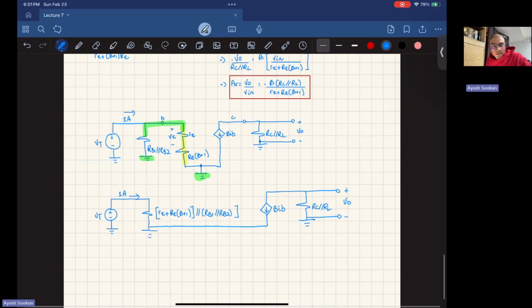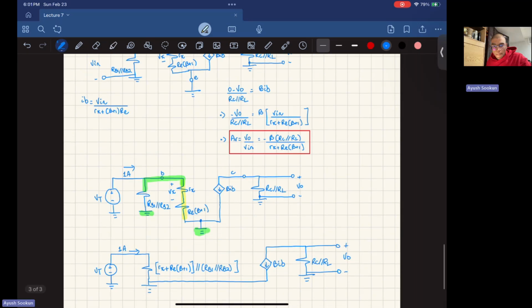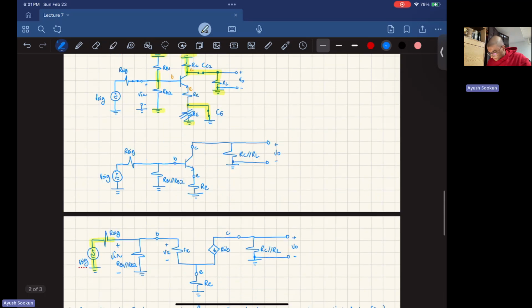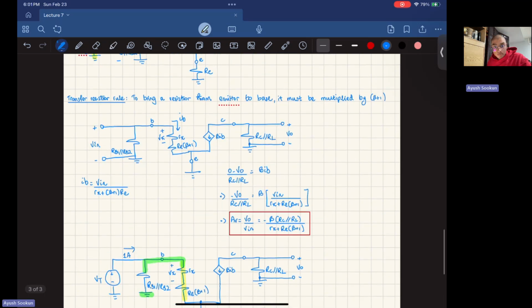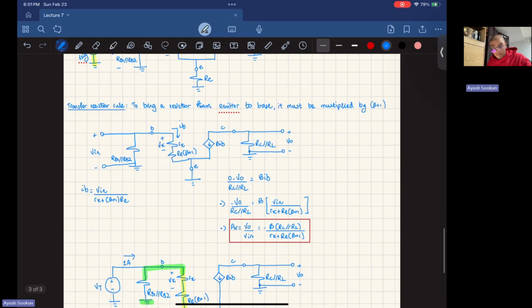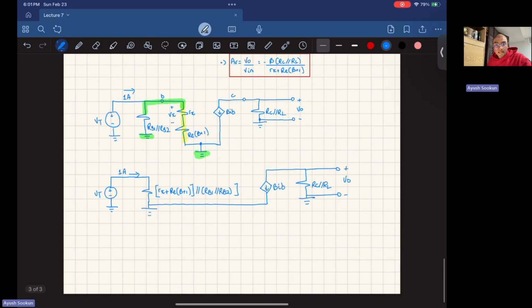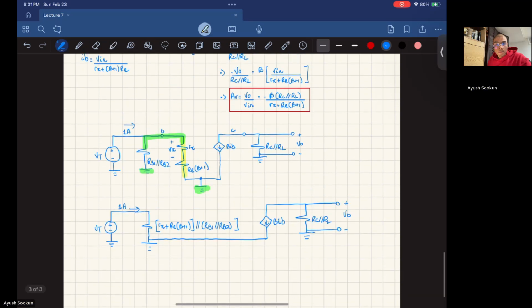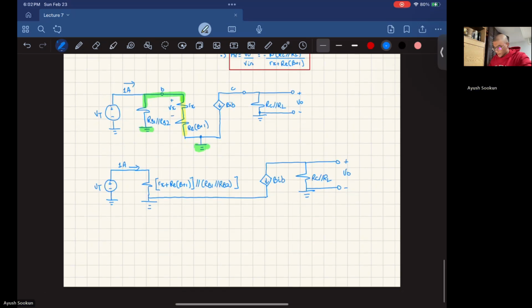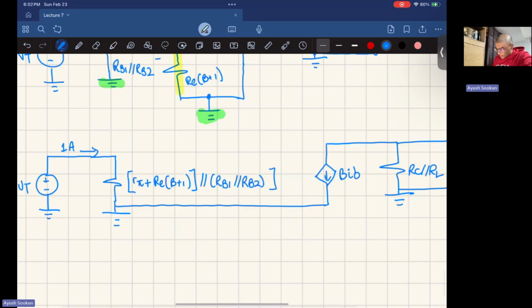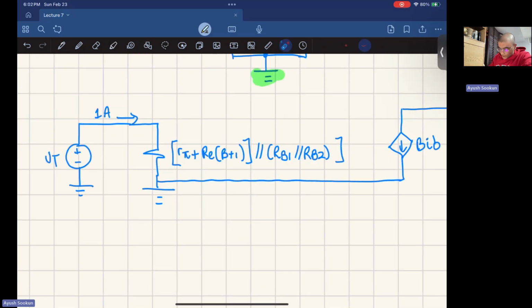I'm just going to double check in my notes real quick if I have everything right so far. Check the gain expression here. Yes, the gain expression is perfect. And then the resistor combination here. Okay, there we go.